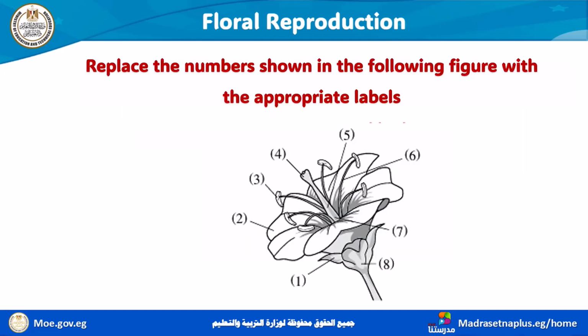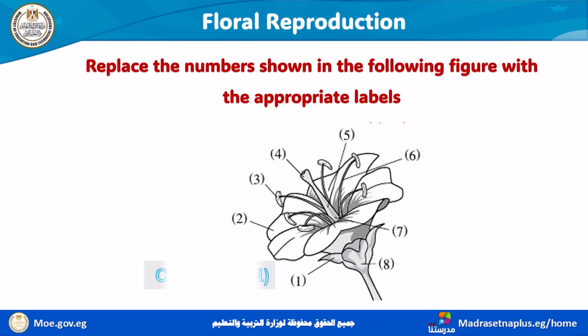Now let's try to evaluate our understanding for the different parts of the flower and solve this question. Replace the numbers shown in the following figure with the appropriate labels. Let's start by number 1.